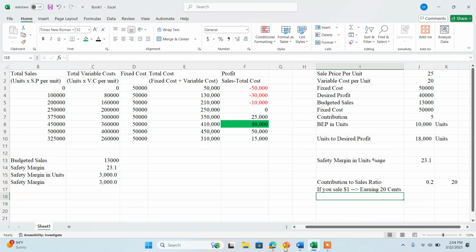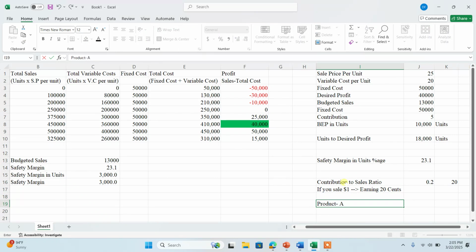One thing more about the contribution to sale ratio. In this case, we are doing the example of only one product. But most companies have more than one product.